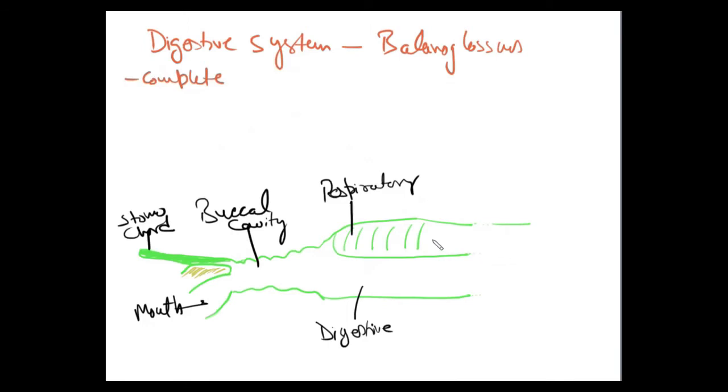So the portion corresponding to the respiratory region in the esophagus is the postbranchial canal.